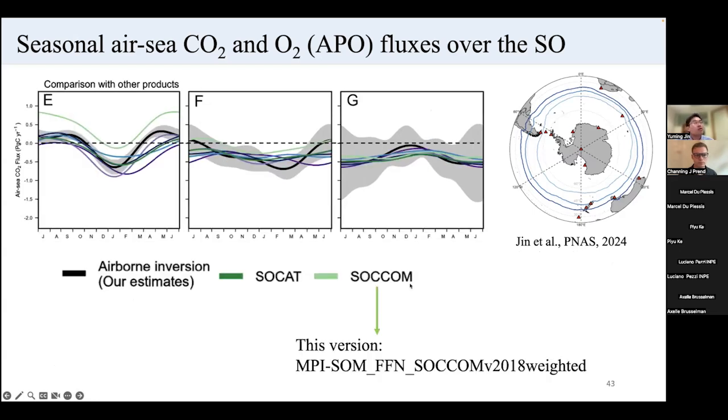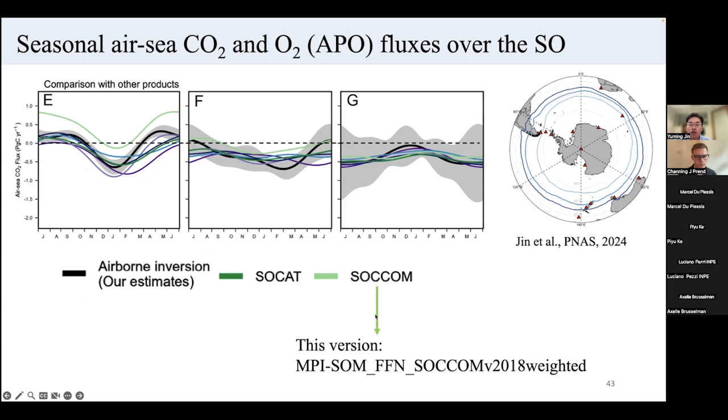I want to take a step back to compare my carbon flux estimates with what's resolved from SOCAT and SOCOM from Landschützer. The figure here shows a comparison. This might be a little bit busy. You could just focus on the 2 green lines, which are the SOCAT estimate and the SOCOM estimate. You can see our estimates generally agree with SOCAT in all these 3 bands, but suggest a smaller outgassing in the highest latitude compared to the SOCOM data.